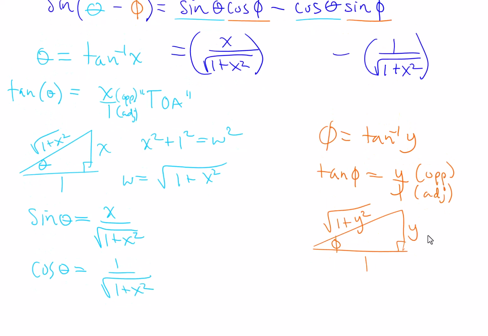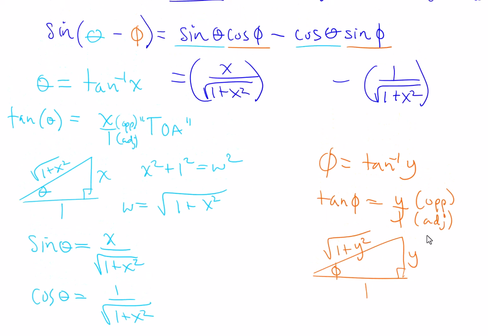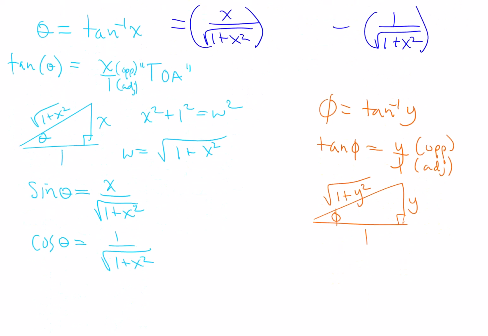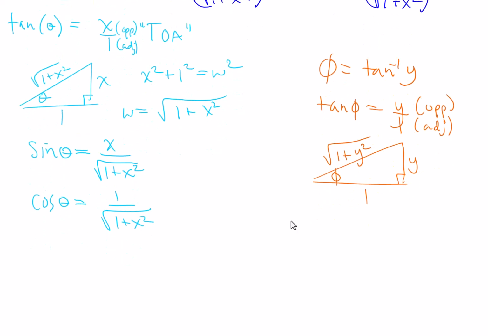Now having a right triangle fully labeled, we can go back up and remember what we're even trying to do. Remember, in our original expression here, we're trying to replace cosine of phi and sine of phi with some expressions that have x and/or y in them. So cosine of phi and sine of phi is what we want in this phi right triangle. So we'll just put those in. Cosine of phi, given that cosine is adjacent over hypotenuse using SOHCAHTOA, is 1 over the hypotenuse, which is the square root of 1 plus y squared.